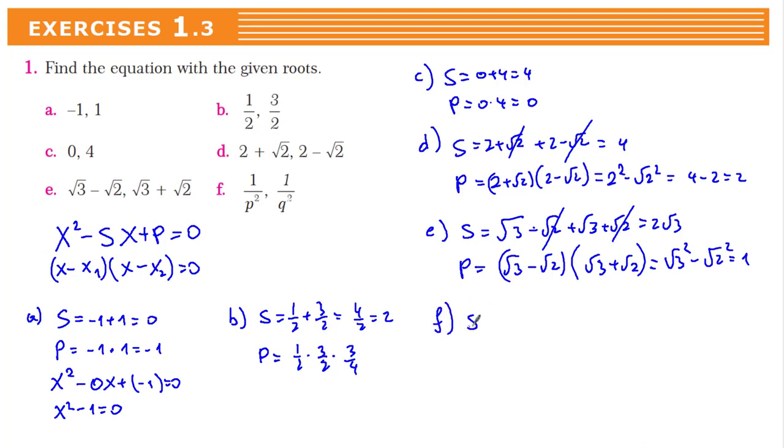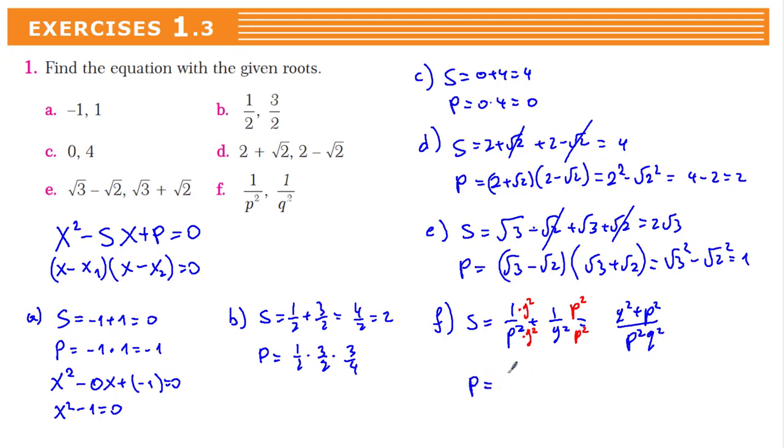And under f, the sum is 1 over p squared plus 1 over q squared. You can multiply the denominator here by q squared and here by p squared. And finally, what do you get? You get q squared plus p squared over p squared q squared, the sum.